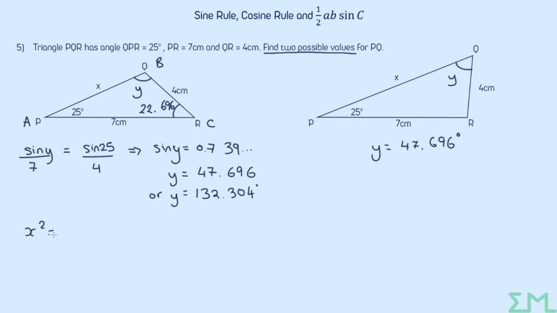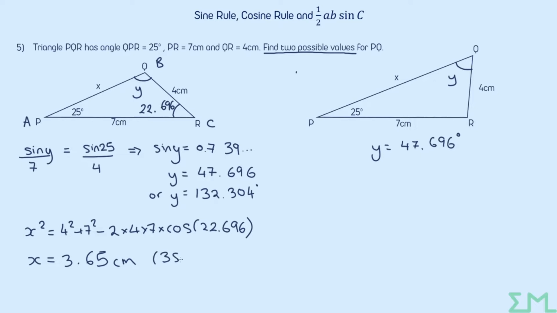So x squared equals 4 squared plus 7 squared minus 2 times 4 times 7 times cos of the 22.696, and then I'm going to jump straight to x equals, remembering to square root the number that I get on the right hand side. Okay, so the outcome after square rooting is 3.65. Okay, I'm going to stop there because I'm going to give my final answer to 3 significant figures.